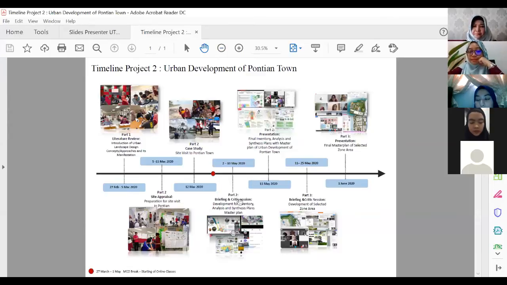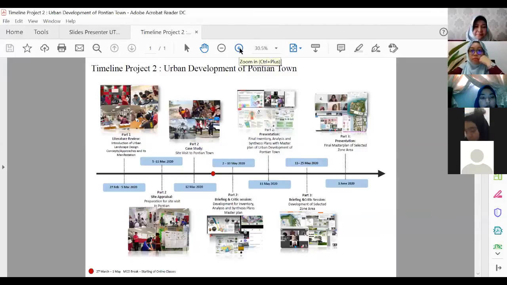I am a landscape architect student from Urban Landscape Design Studio, UTM. Before we start our presentation, I would like to brief the timeline for project 2 that we have done, which is the urban development of Pontian town.